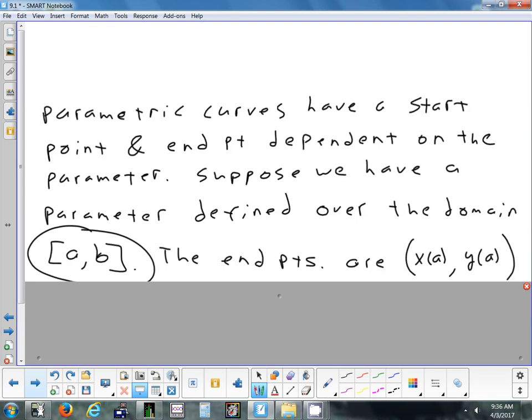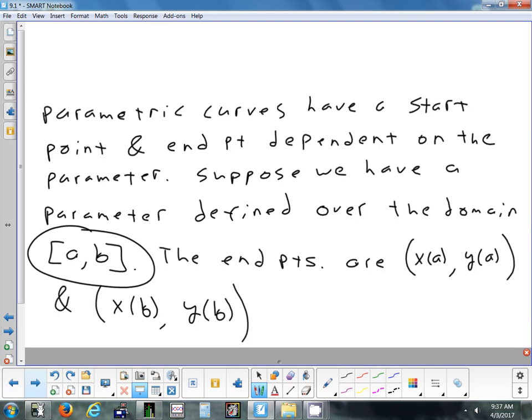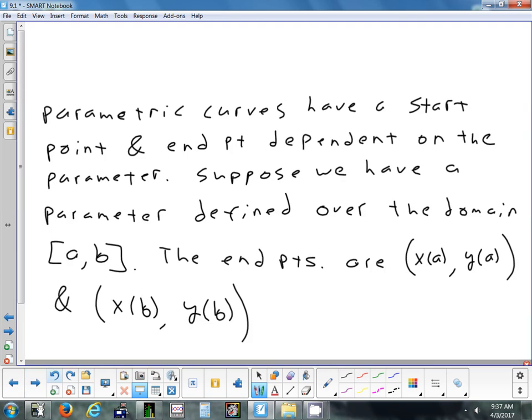To figure out where your start and end points are, there are 4 calculations you need to do. You need to calculate the starting x and starting y, the ending x and ending y. Those are the 4 values. A controls where your start point is.